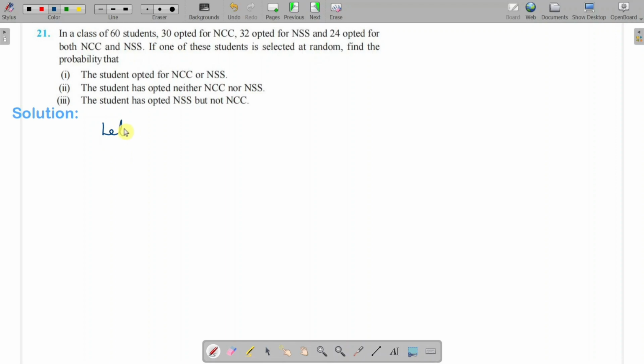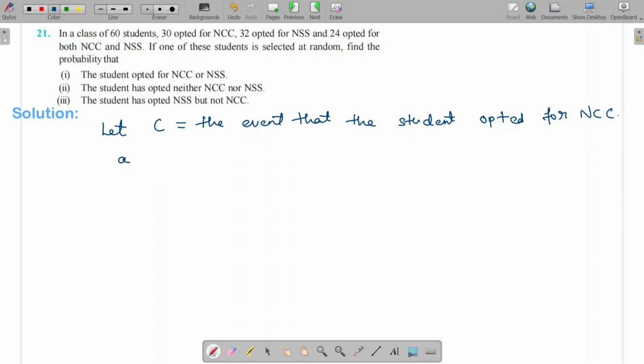Let C be the event that the student opted for NCC, and S the event that the student opted for NSS.